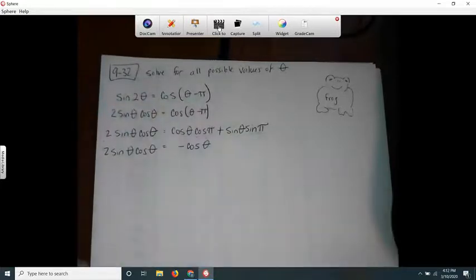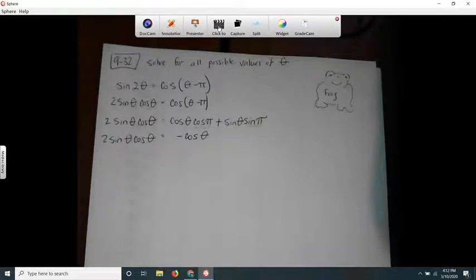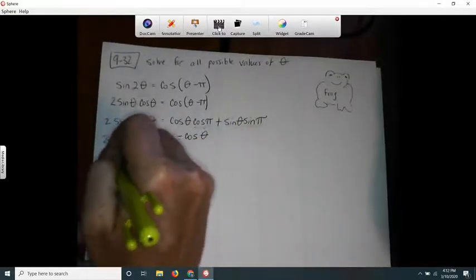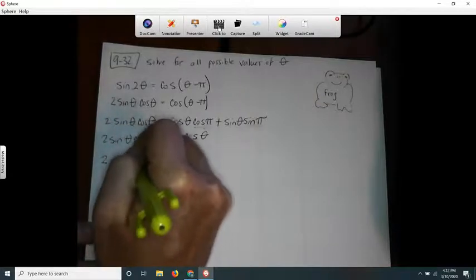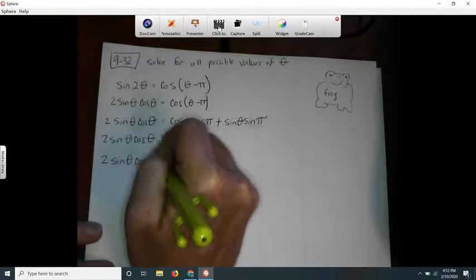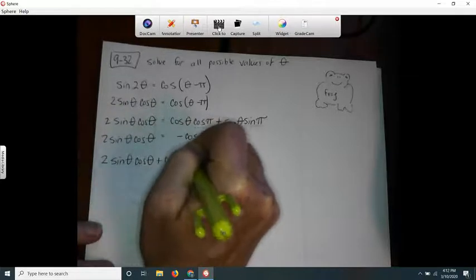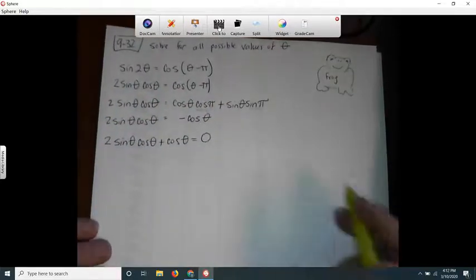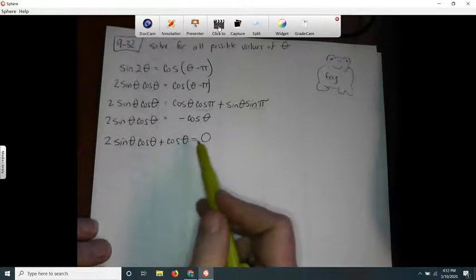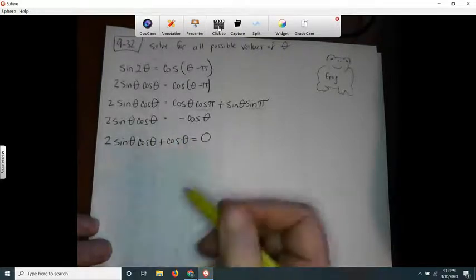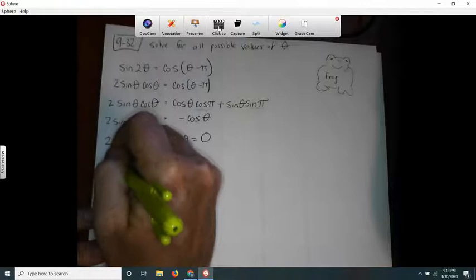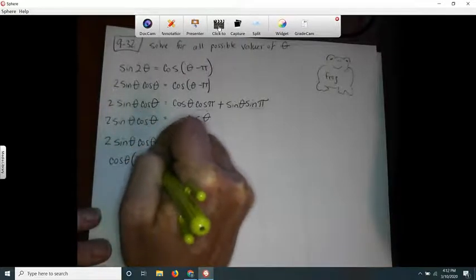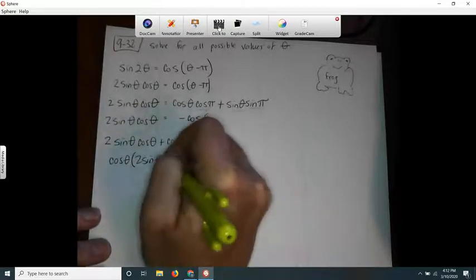I think I can solve this now. I'm going to add cosine theta to both sides. And then I need to have these factored so I can use the zero product property. So I'm going to factor out the cosine theta. Plus 1.